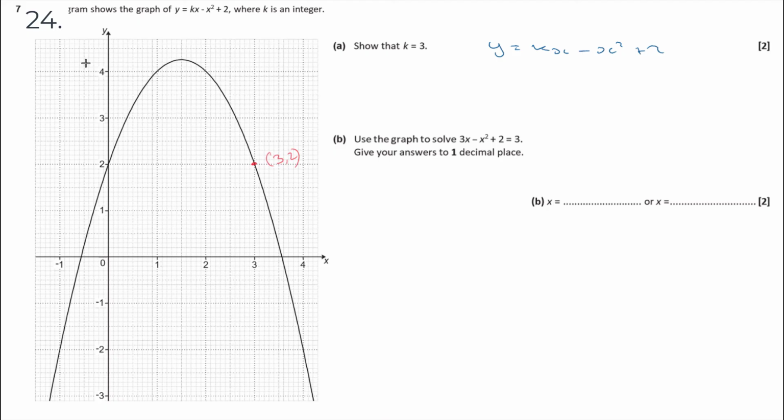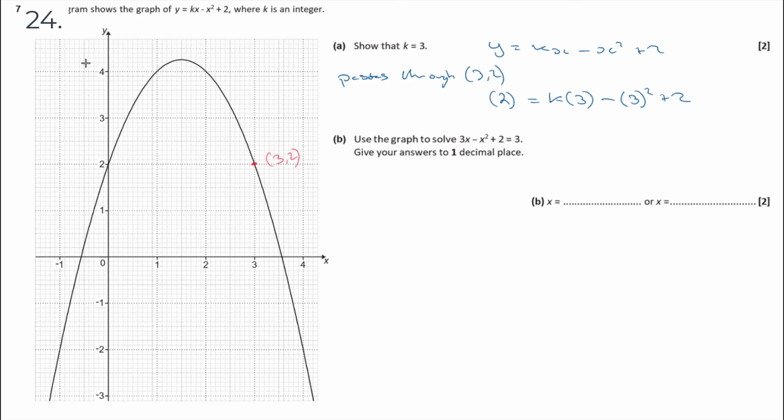So let's use the other one. Let's use it passing through 3, 2. So the y value 2 is equal to k lots of 3 minus 3 squared plus 2.